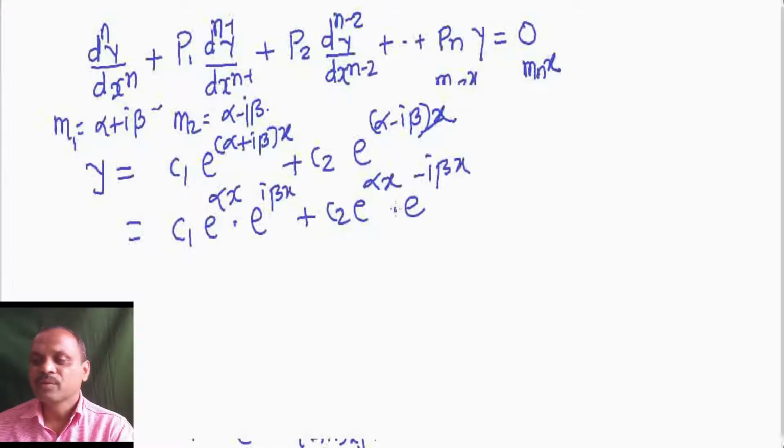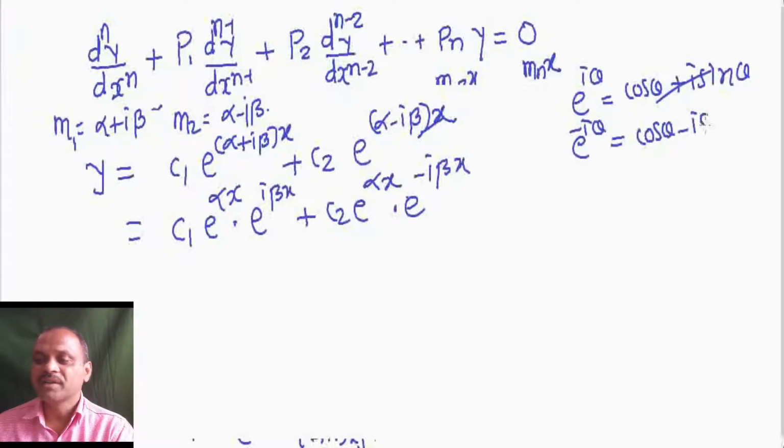Okay, now we know that e^(i theta) equals cos theta plus i sin theta, and e^(-i theta) equals cos theta minus i sin theta. These are Euler's formulas.